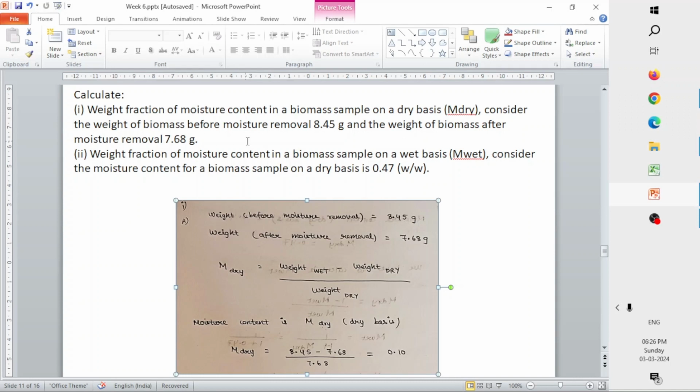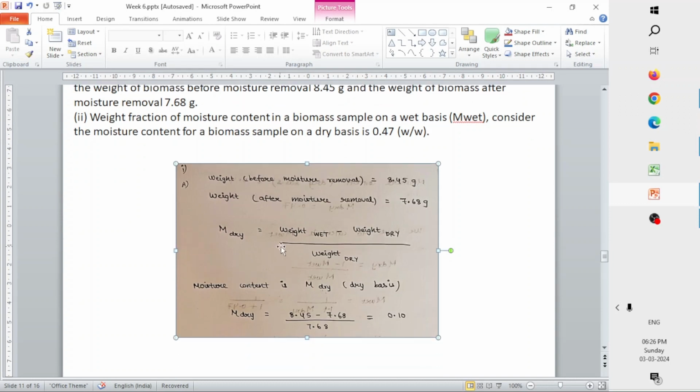They are asking us to take the weight of biomass before moisture removal as 8.45 grams, and after moisture removal as 7.68 grams.